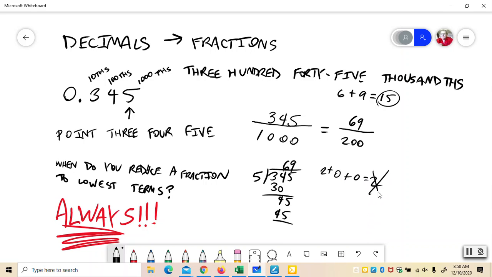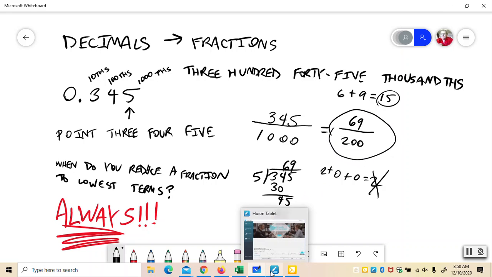So, buzz, 3 does not go into it. 4 doesn't work. No even number works. This is odd, so no even number works. 7 doesn't work. 9 doesn't work. So I would say that looks to me like it is in lowest terms, so you would stop. That's all.